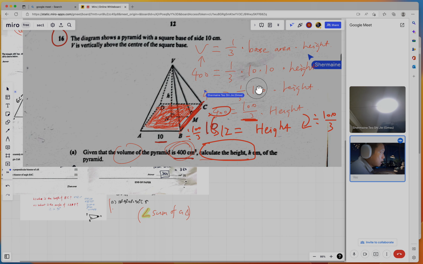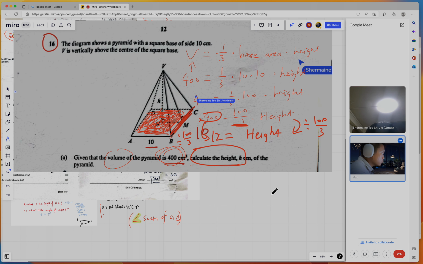Now you need to take this out. The height is 12. What I'm trying to tell you is this: if you take out the VBC, I try to draw it out. The height is this one.